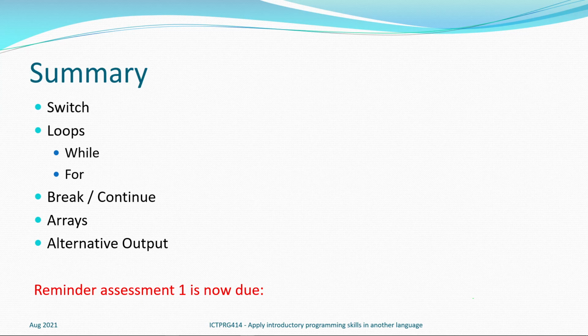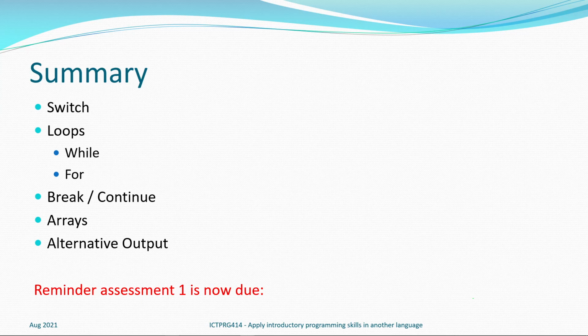Okay, to summarize this session, we looked at switch. So session 2, we did the if statements, and switch is an alternative to the if statement type regime. It's a different way of looking at multiple conditions and then executing a block of code.